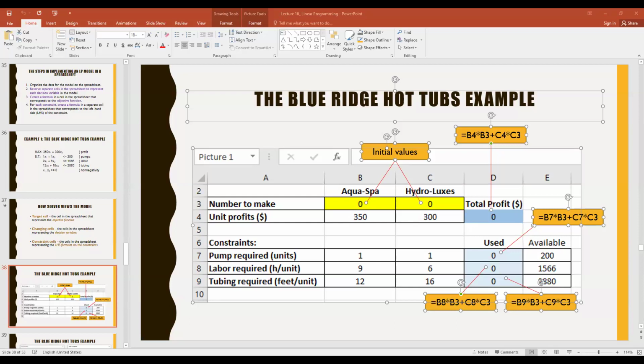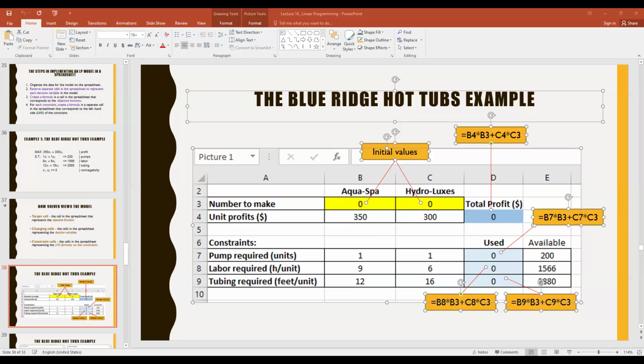And the total profit is equal to x1 multiplied by 350 plus x2 multiplied by 300. x1 means the number of Aqua A, that's right. x2 means the number of Hydro.